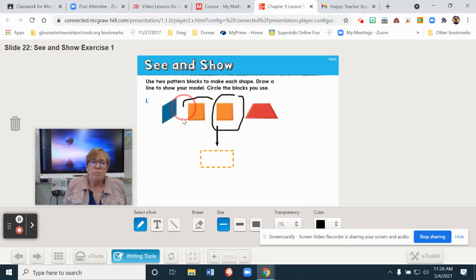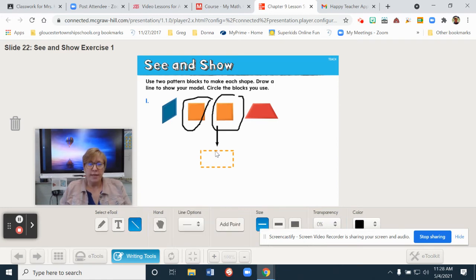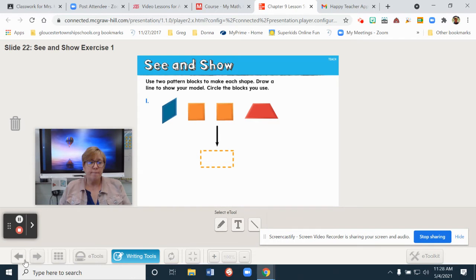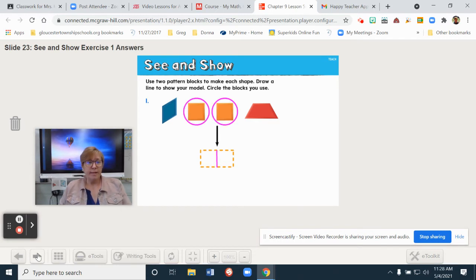So this one was probably a little easier than some of the other questions, but we knew that our two squares would equal the rectangle. But what they do want you to do here, don't forget, is to draw the line where you put your shape. It was about here. That's all you would have to do. So let's check it. That's what they would like you to do.